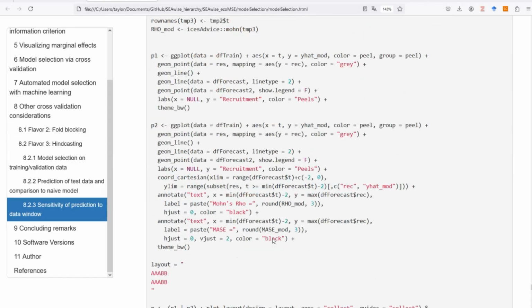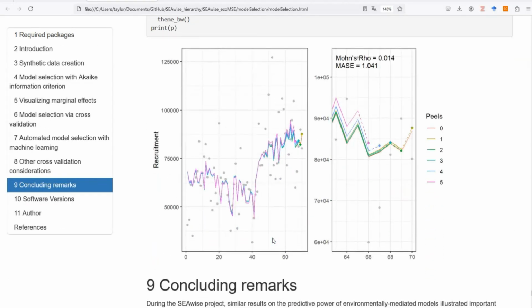I won't go through the code in detail. It's not very complicated, but it's just chopping off data points, refitting the stock recruitment relationship. Again, this is the model with just X1 in it. And here I have a zoom of the last 5, 6, 7 years of data.